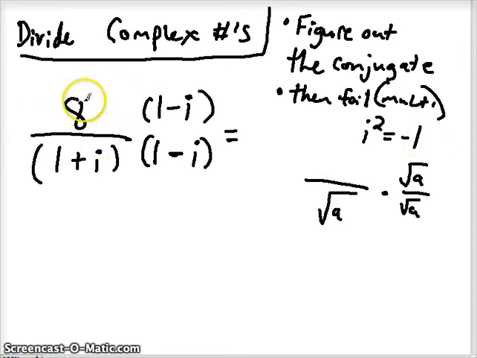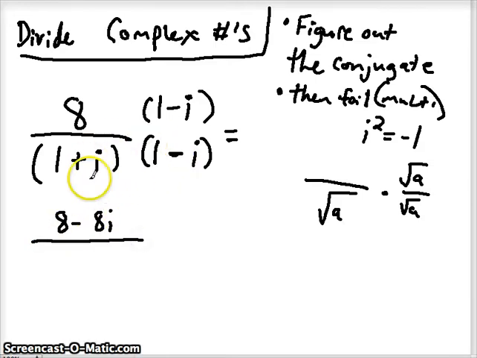Top is just distribution. 8 times 1, that's 8, and then 8 times negative i, it's negative 8i. We get in the denominator position. Here we have to FOIL because we have two binomials here. So 1 times 1 is 1. 1 times negative i is negative 1i.